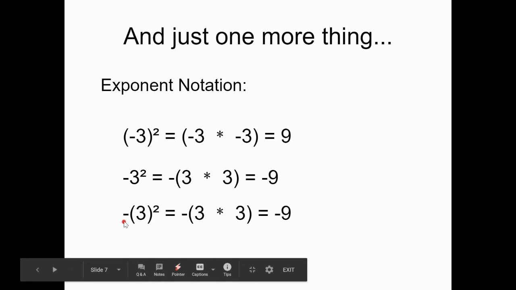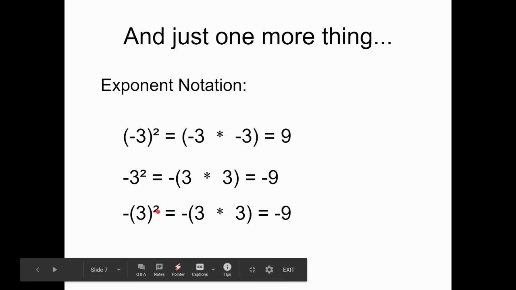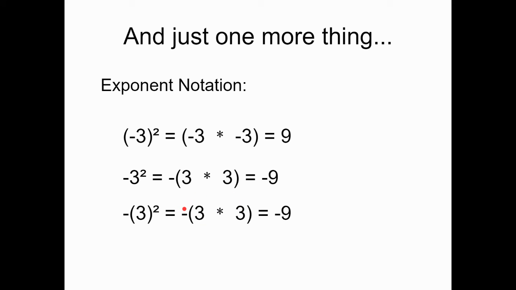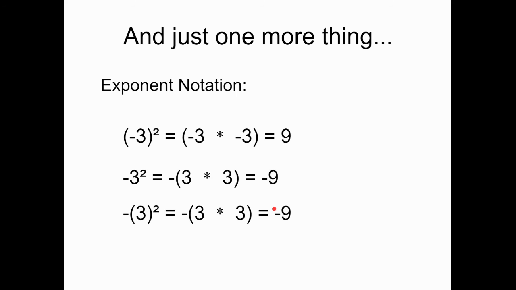You have the negative sign outside of the exponent, and we would read this as 3 to the second power, which means 3 times 3, and then make it negative at the end. So it's actually the same as the one above it. So the result of this one would be a negative 9 as well.